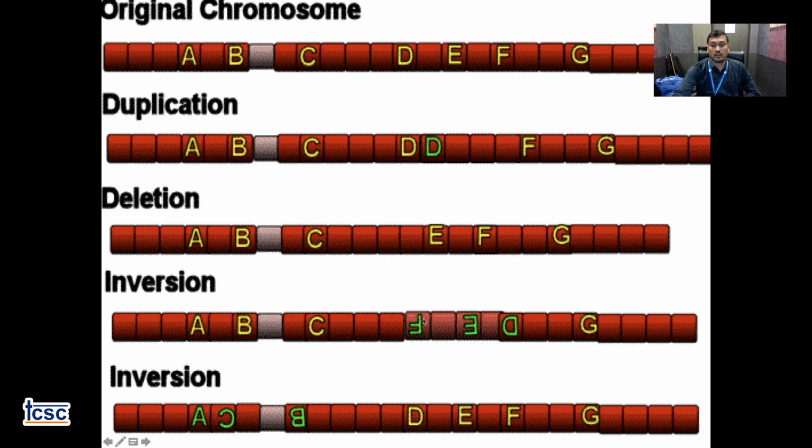So you can see here in the normal chromosome EF and in the inversion chromosome FE, right? And here also you can see ACB, D, E, F, G, and this is the normal sequence. So if you compare with the original chromosome, we can see duplication types of things, deletion types of things, inversion types of things. So a single picture indicates all the things: duplication, deletion, inversion.